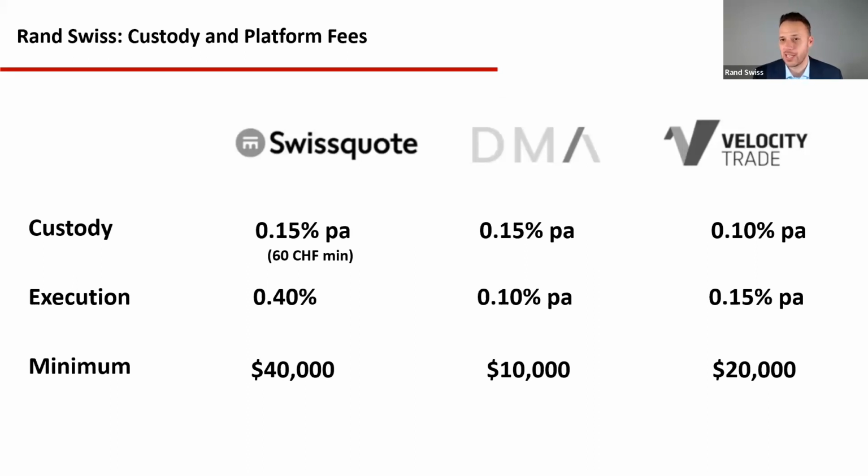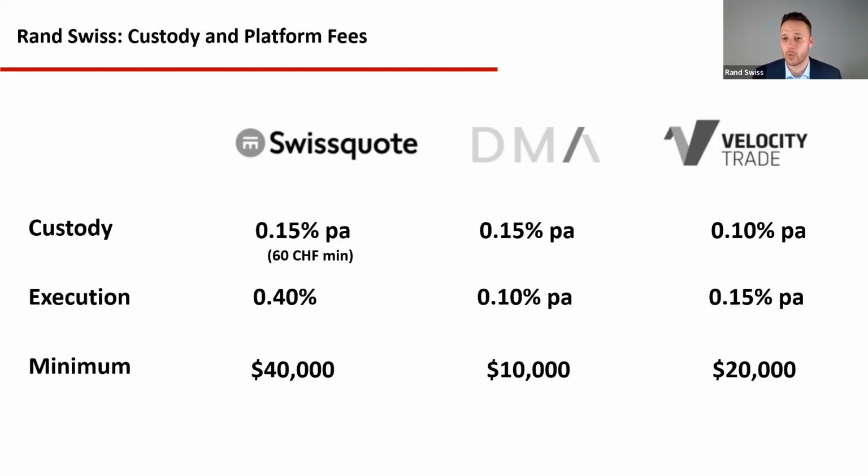And your minimum custody on the account is going to be 60 francs per year. So that's where that 40,000 number comes from. If you've got $40,000 in the account, you don't have to put all the 40,000 into one structured product. You can go buy Apple and Google and some offshore funds or whatever you want to do in the account. But we suggest having a minimum at Swissquote of at least 40,000 just to make that 60 franc per year minimum fee viable. So that's where those levels are.